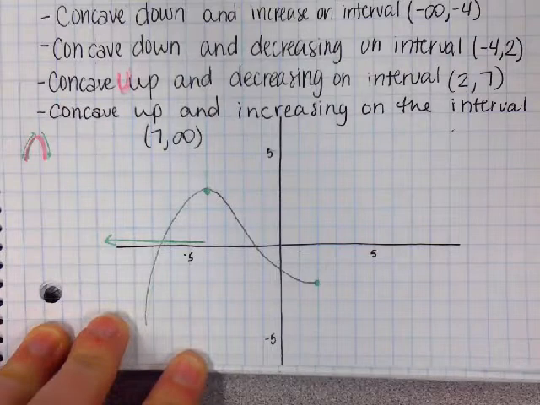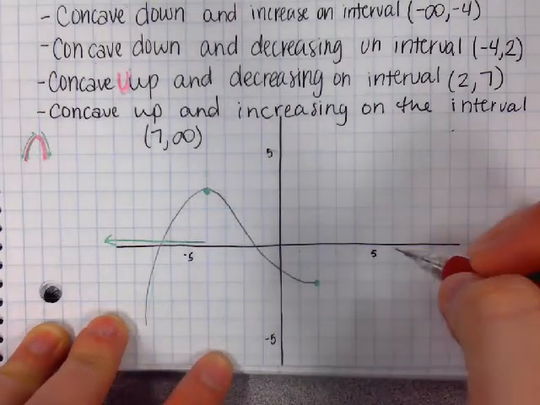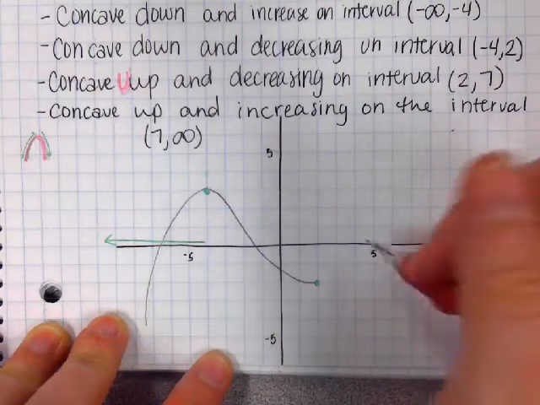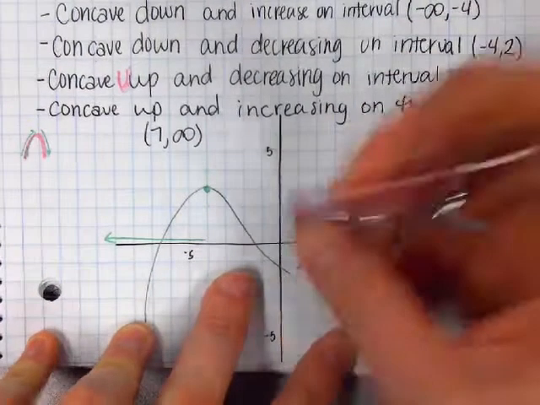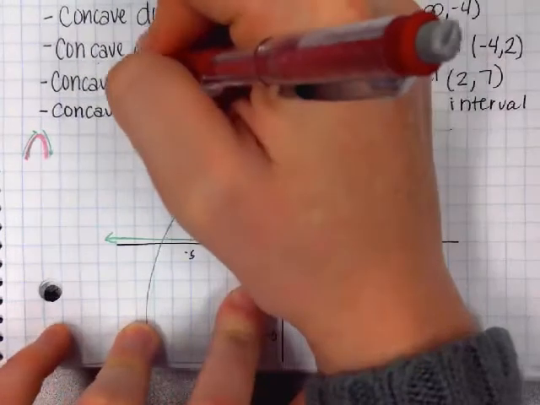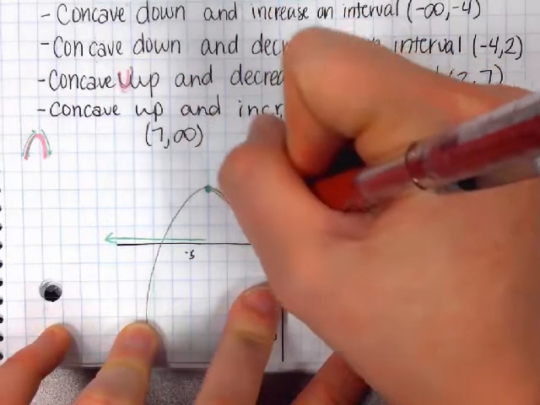So if you look at that... And then it's concave up, decreasing. So concave up looks like this and decreasing. So I need it to actually go down.